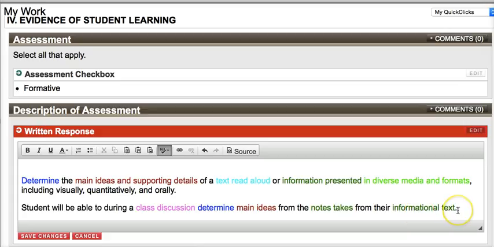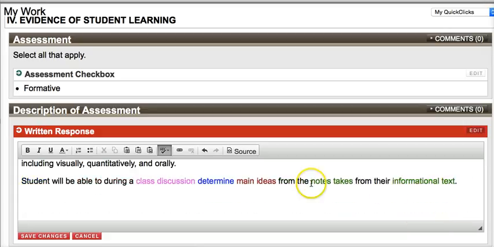So I know for this assessment that the students are going to participate in a class discussion. And in this discussion, they're going to determine main ideas from notes that we took from an informational text. So I'm going to first start with that.